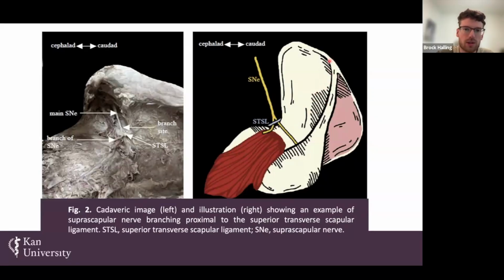So if the needle was to be passed medial to lateral toward this notch and aimed here, maybe at the more medial aspect, there's a chance that this lateral branching of the nerve might get missed when the dose is administered, and therefore you wouldn't get the best coverage of your block, and the patient might still have postoperative pain. So that was the idea of why we wanted to categorize how often this branching is happening and what it looks like when it does pass through the notch.